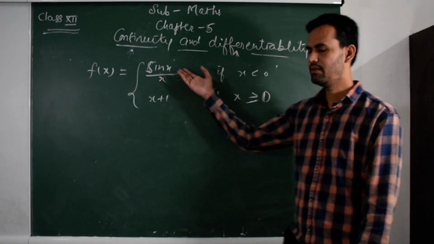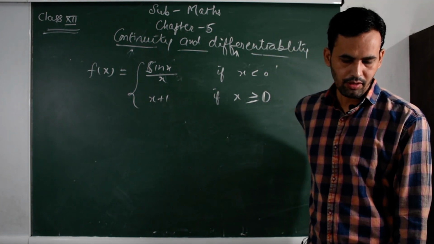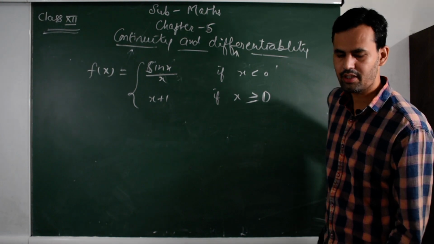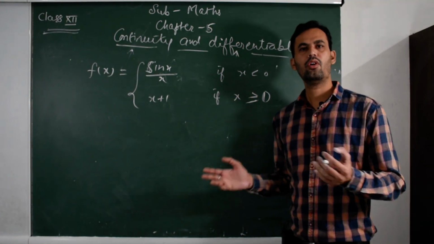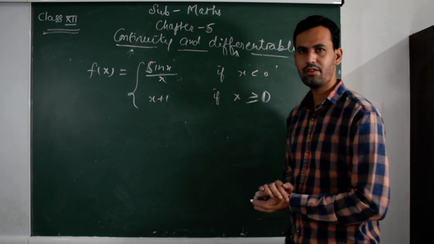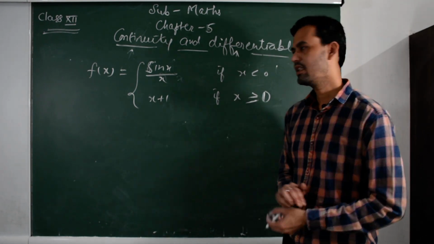So this is the function given, and find all the points of discontinuity of f. So we have to prove whether it is continuous or discontinuous. If it is discontinuous, then find the points of discontinuity.